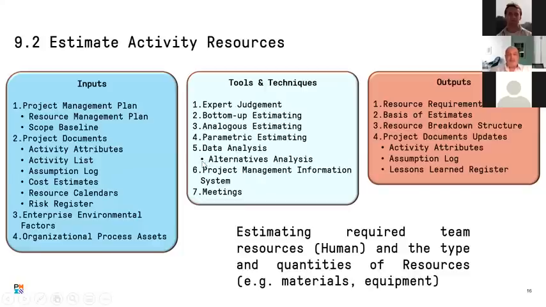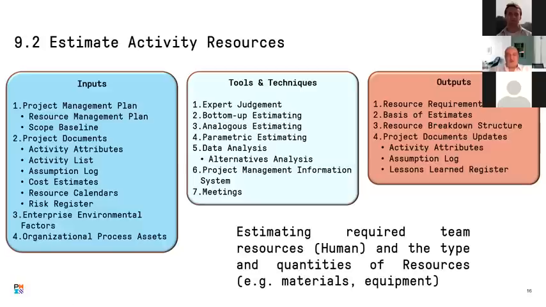And for data analysis, we have the alternative analysis. Of course, alternative analysis is where we study different options for how we can do this. Let's say, when we are talking about resources, you have a resource A whose efficiency is 80% and he's costing you X amount of money per month, and you have another resource whose efficiency is 70%, but he's costing you only half X per month.